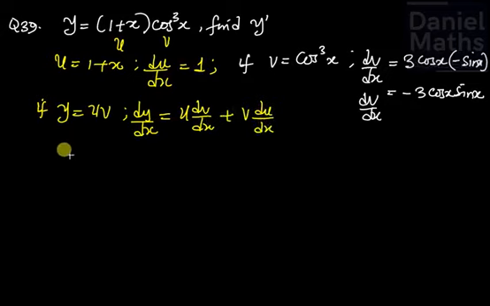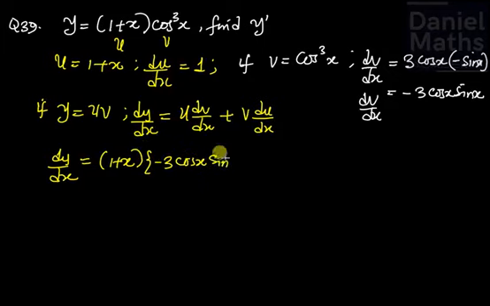Alright, if I apply that, we now have that dy upon dx is going to give us, my u is 1 plus x, so this is going to be 1 plus x times dv over dx, so that gives me minus 3 cos squared x sine x, and then plus my v, which is cos cubed x, into my du dx, which is equal to 1.